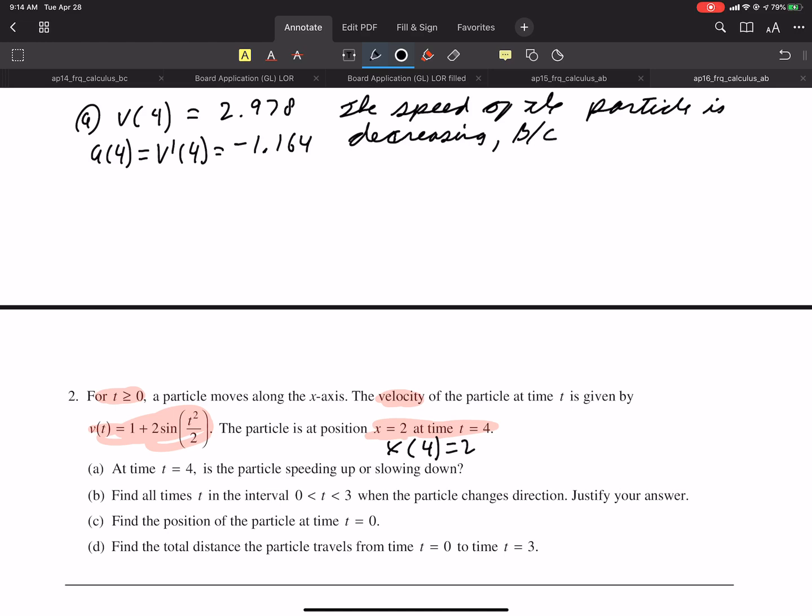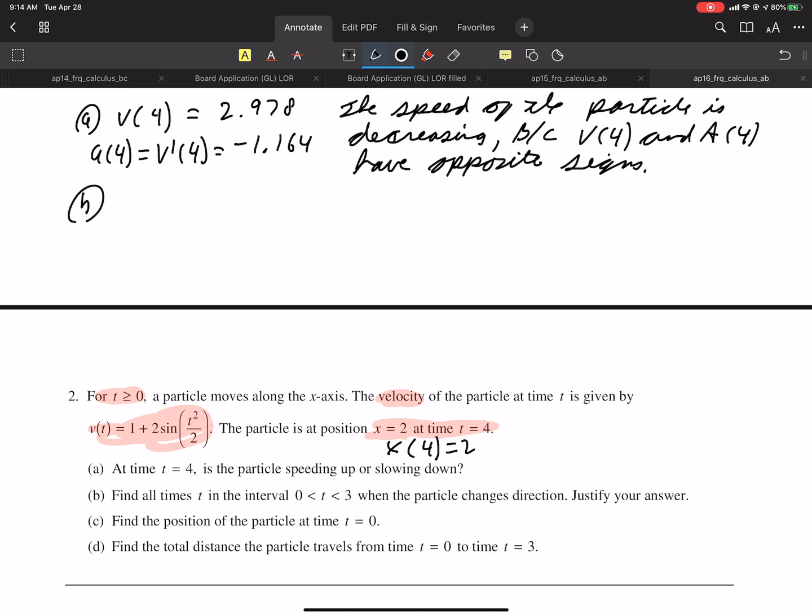Because v of 4 and a of 4 have opposite signs. Done. Part A is done.